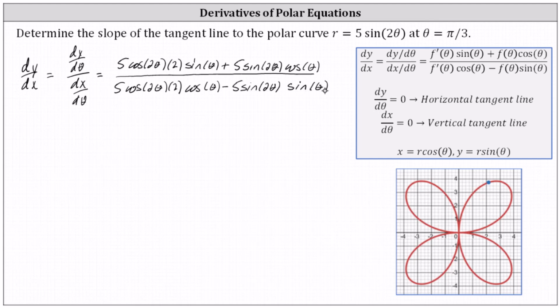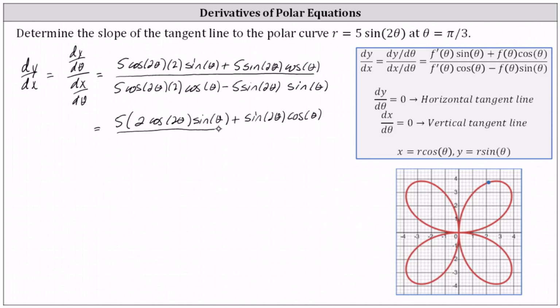Now to begin to simplify, let's factor 5 from the numerator and denominator. Let's write dy/dx as 5 times the quantity 2 cosine 2 theta sine theta plus, again, we factored out the 5, so we have sine 2 theta times cosine theta.